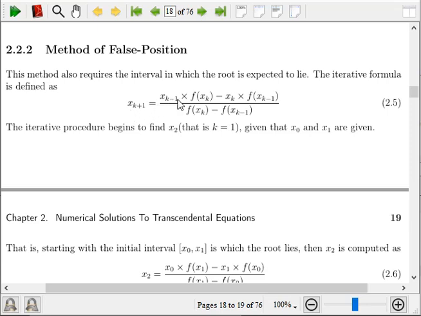By looking at this, you see here, this is k minus 1, this is k, and when we start at k equal to 1, we can have a formula. So when k is equal to 1, we're going to have x0 here, x1 here, and this gives us x2.